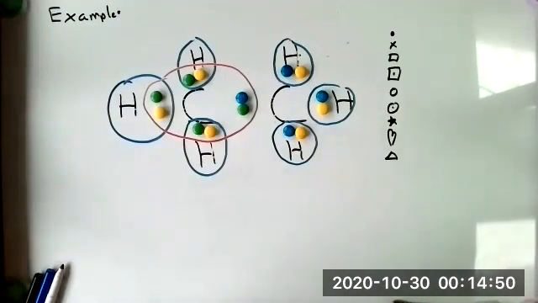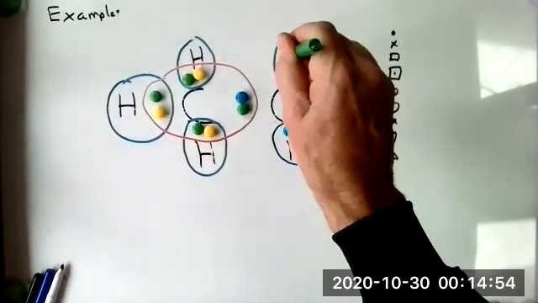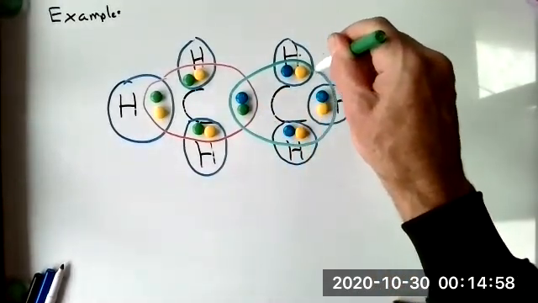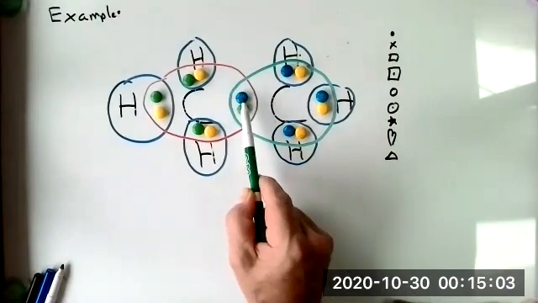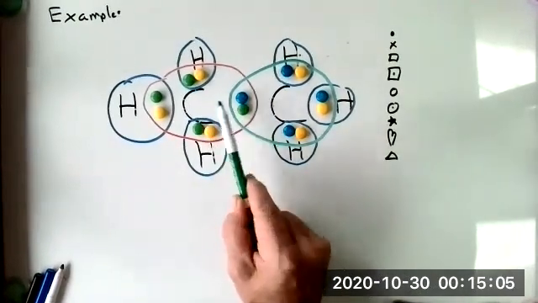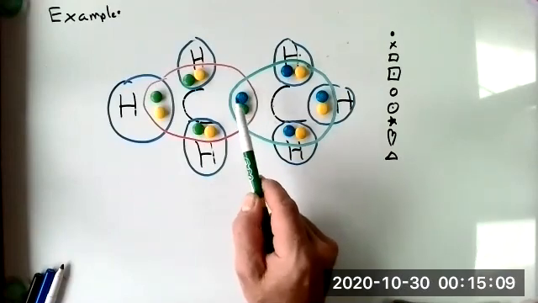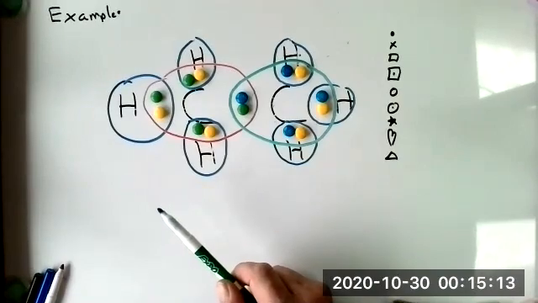If I go to the other carbon and I count, he's got those 2, those 2, those 2, those 2, those 2, for a total of 8. There is the bond between these 2 carbon atoms, and that kind of bond is a single bond. But each has 8 in the end.